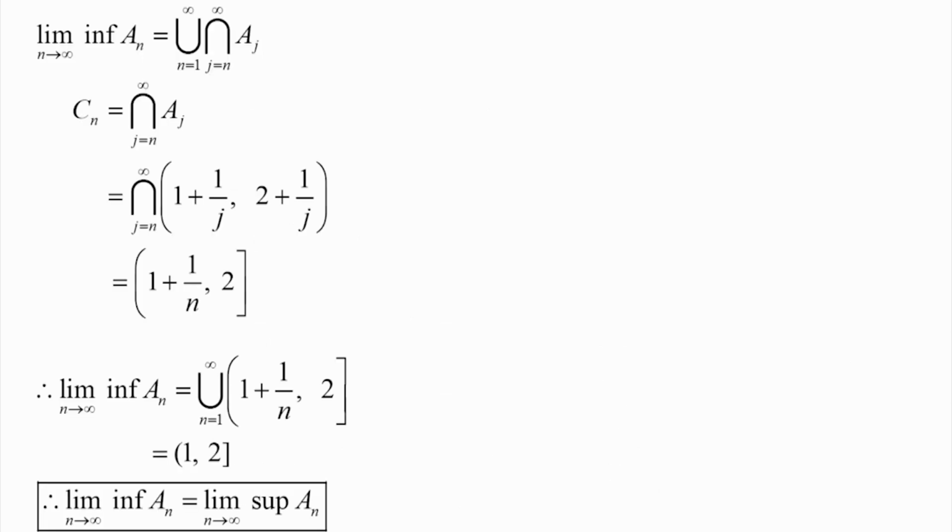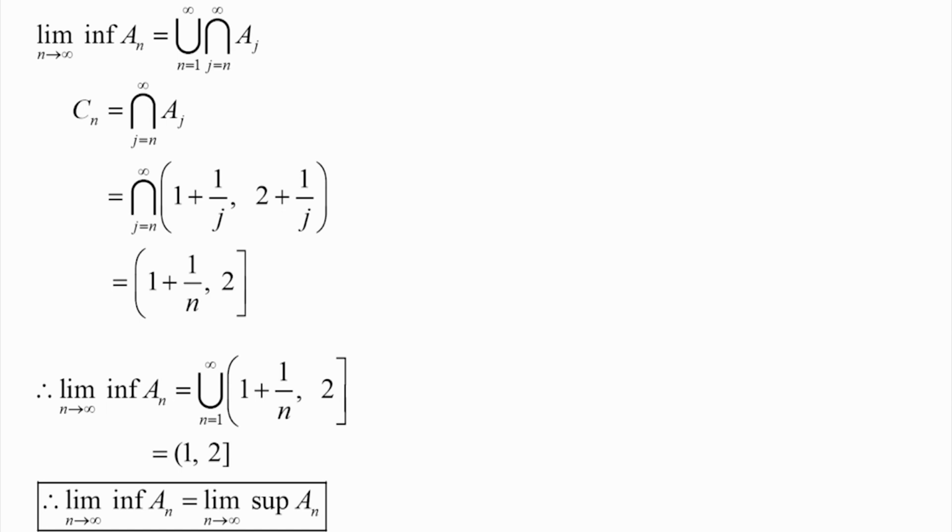Similarly, we can find out the lim inf of A_n. Now, by definition, this is the union of this intersection, and this intersection we will call C_n. Then C_n will be an increasing sequence, therefore we can find out the limit.